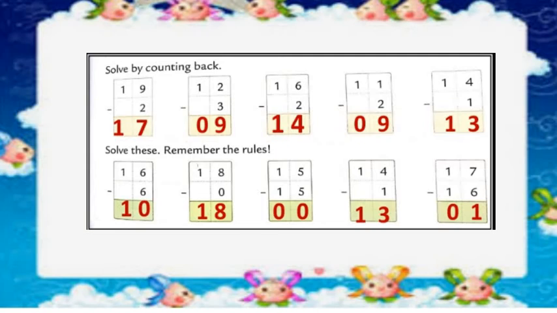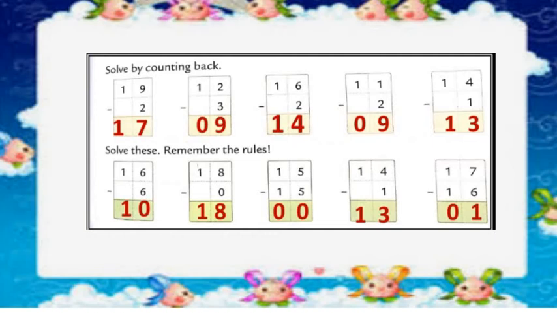Let's solve the sum. Start with the bigger number. You can see that in this sum, number 18 is the bigger one. 18 minus 0 means in this sum we should not make any steps of backward counting. So we get the same number.